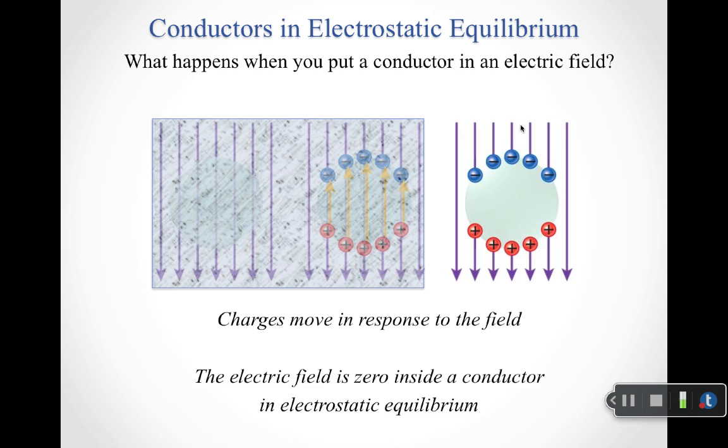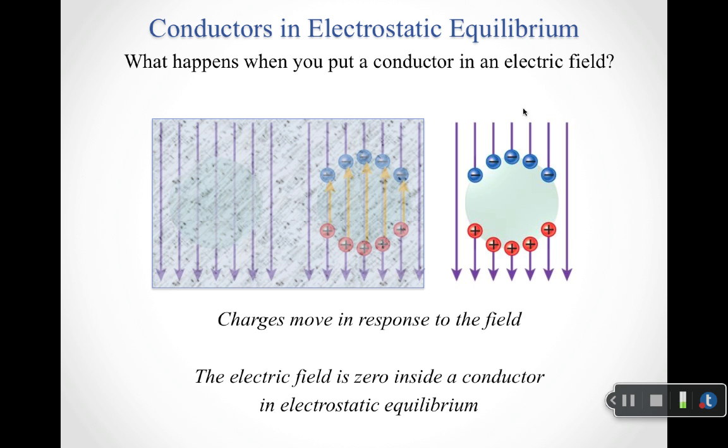So you have a net external field that points downwards, but the charges have rearranged themselves to create an electric field that points upwards that just cancels it out. So that means that the electric field inside the conductor is zero.